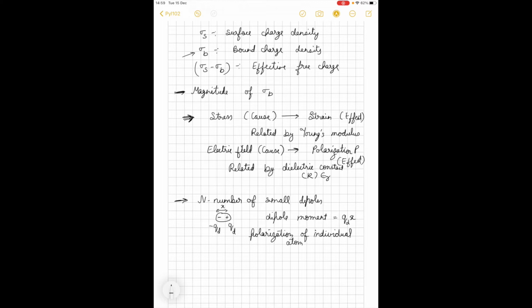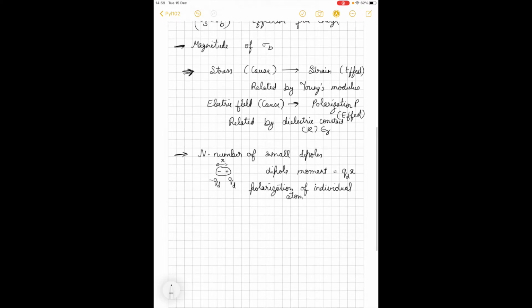But the dielectric polarization P is the total dipole moment per unit volume of the material.